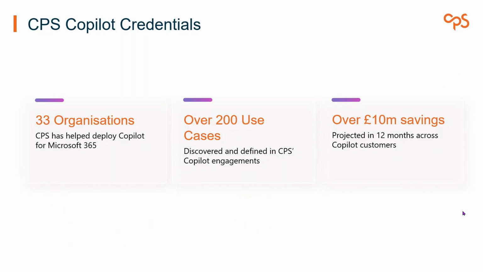And because we've worked with so many different organizations, we actually have a huge catalog of over 200 different use cases for Copilot for Microsoft 365. Again, that goes across lots of different industries, that goes across lots of different applications.